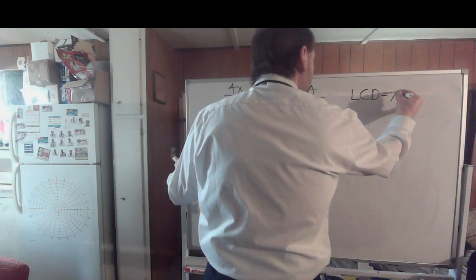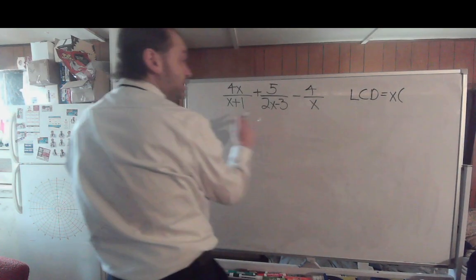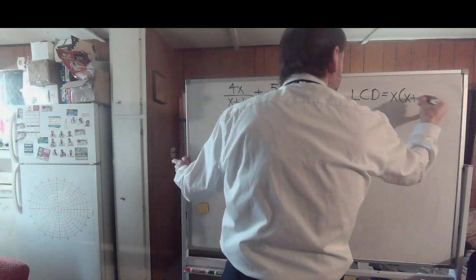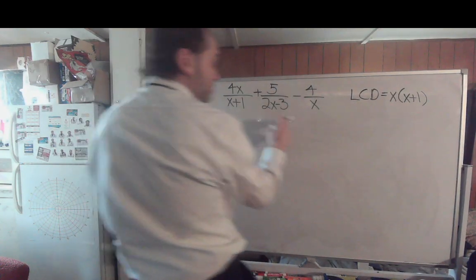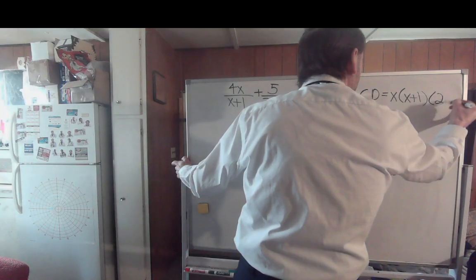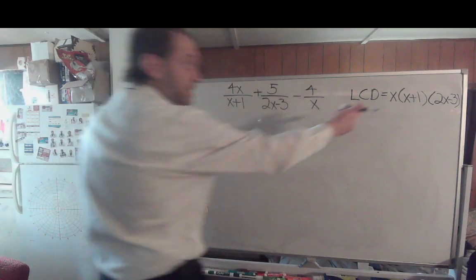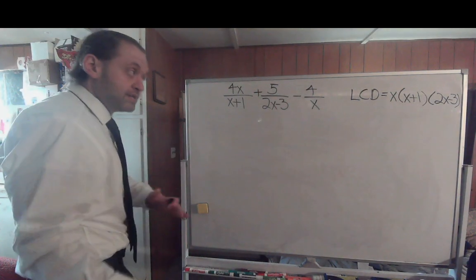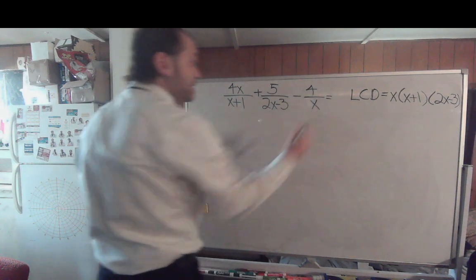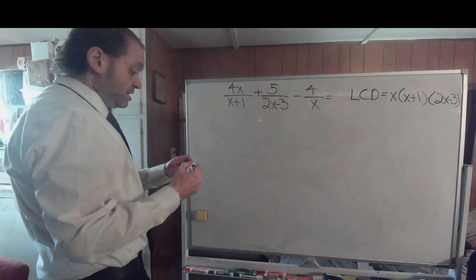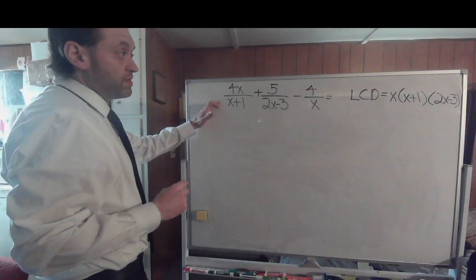So your least common denominator would be x times the quantity of (x plus 1) times the quantity of (2x minus 3). So that would be your least common denominator. Now we need to make sure all these terms have the same least common denominator. So your first denominator, you have x plus 1.